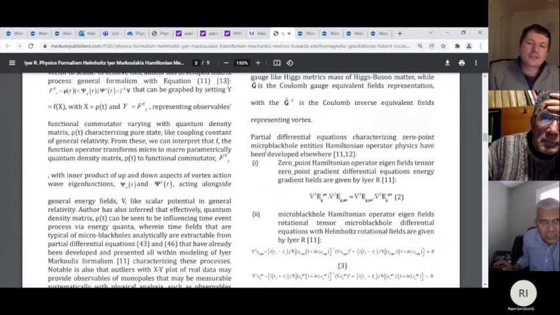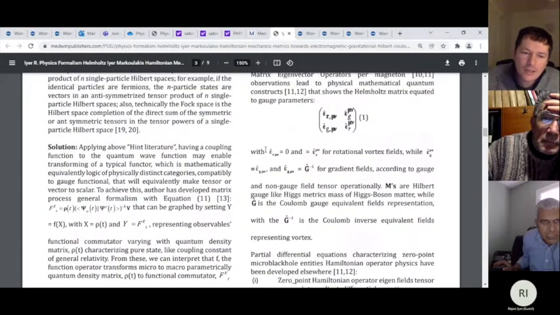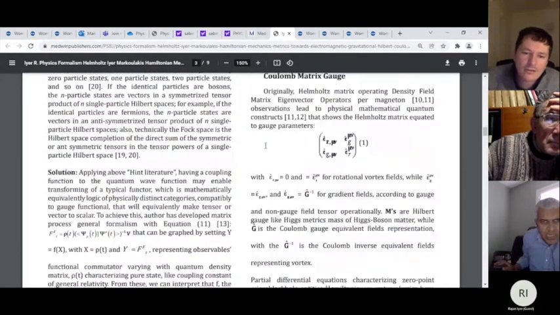Oh yeah, it's brilliant. So does this also have the eigenvectors or the eigenvalues? Yeah, it has that, the Helmholtz decomposition. This is the rotational or vortex field.